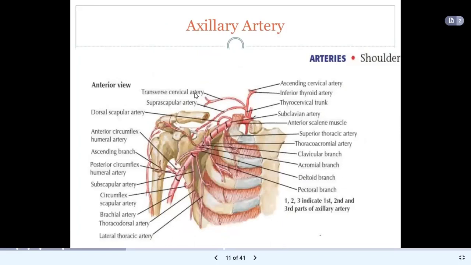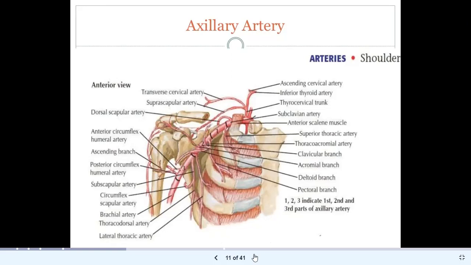So it's supposed to come down and join this anastomosis. And here you see your suprascapular artery also coming to join this anastomosis. And then your posterior circumflex humeral artery joins this anastomosis, and then your subscapular artery too. You see, it gives a branch going this way, forms part of that anastomosis.